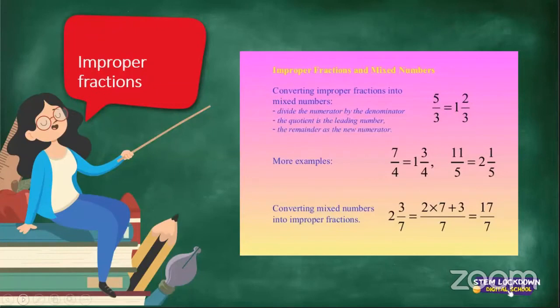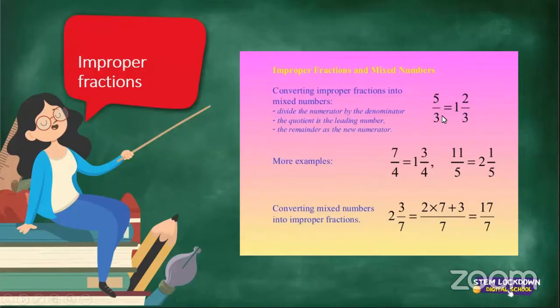Here we have 1 and 2 over 3. How is that possible? This is how you do it. 5 divided by 3.